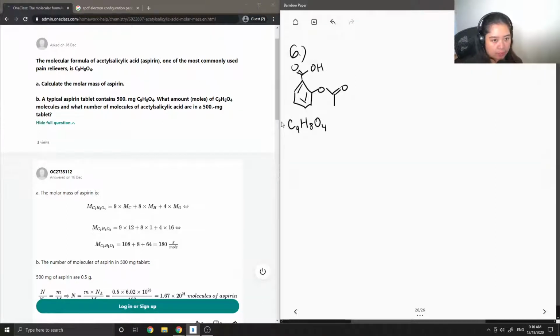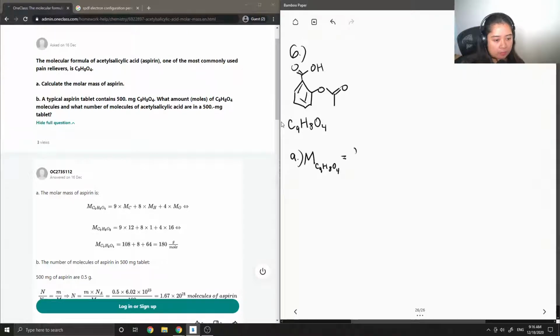Okay, so first, part A asks to calculate the molar mass of aspirin. To do that, we need to find the atomic masses of carbon, hydrogen, and oxygen, and these can just be found on the periodic table.